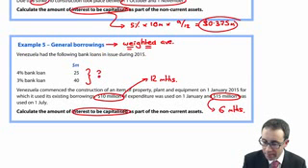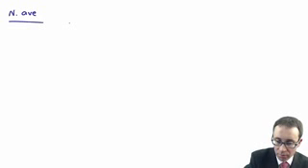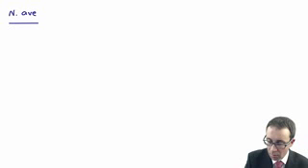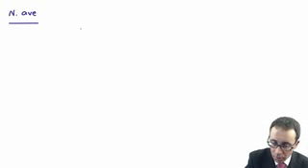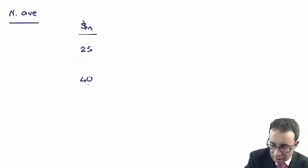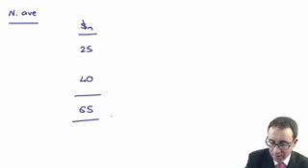So if we look at the weighted average, we have 2 loans. One was 25 million, the other was 40 million, so we have 65 million in total borrowed.